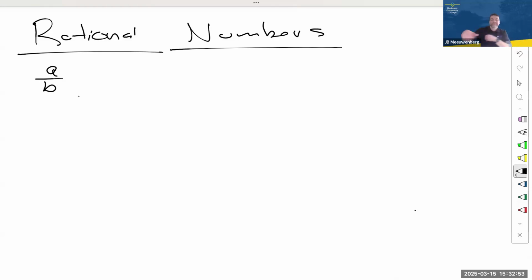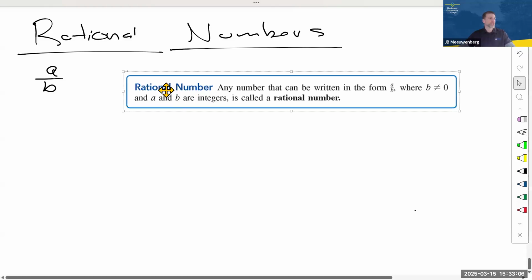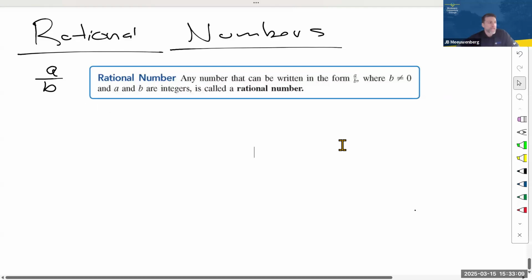However, the word fraction is a bit of a generic term, and we are now going to be digging in a little bit more and using this definition for what we call rational numbers. A rational number is any number that can be written in the form a over b, where b is not equal to 0, and a and b are integers. It's called a rational number.